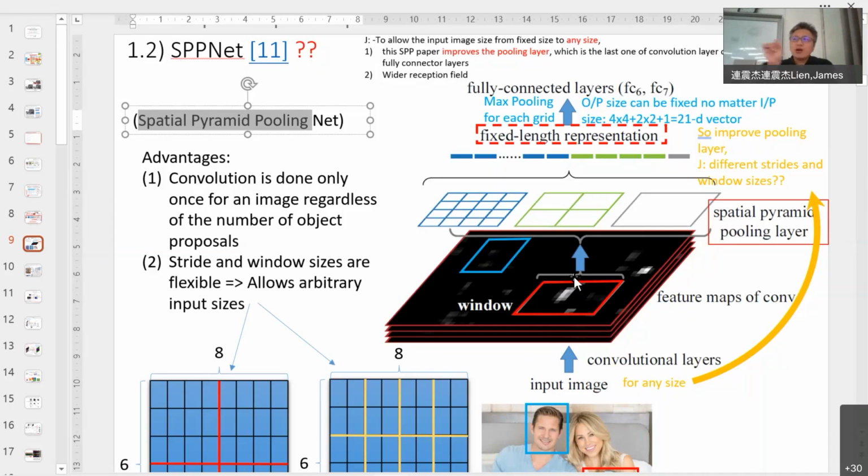Because the network connections are fixed, the size is fixed, so your input image size is also fixed. That's why later on people use a fully convolutional network instead of a fully connected network. But what other method can improve this? That's SPP. If you apply SPP, that means your input image size can be any size.